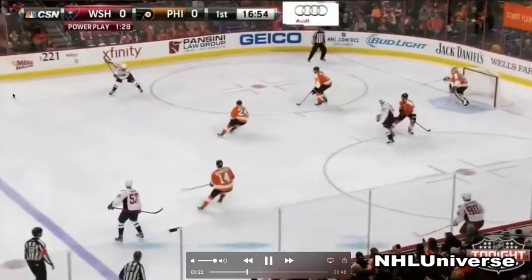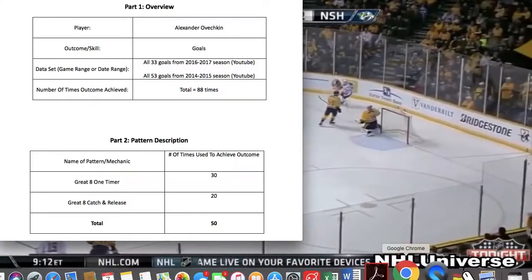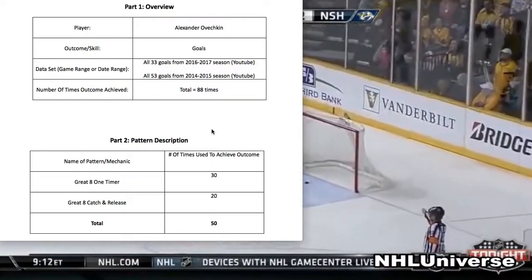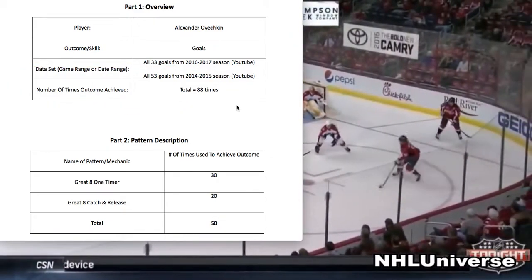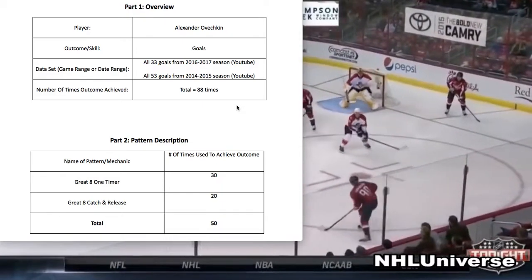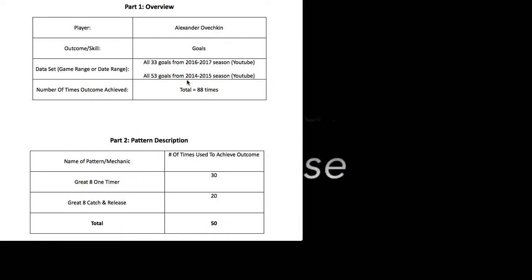So this is a pattern of the pros breakdown. In a pattern of the pros breakdown, we look over an outcome. In this situation, we're looking at Alex Ovechkin's goals from the 2016-2017 season and the 2014-2015 season.